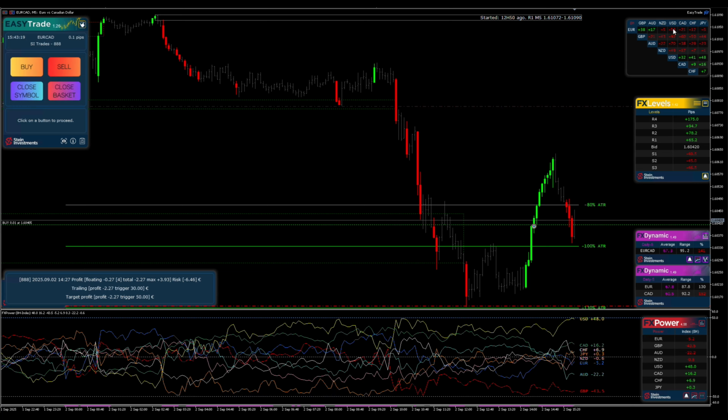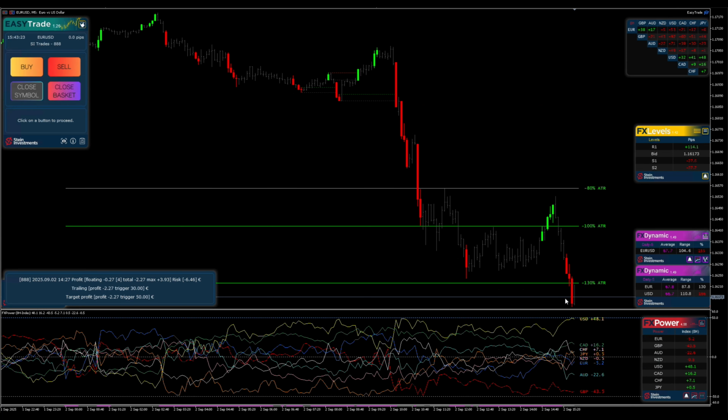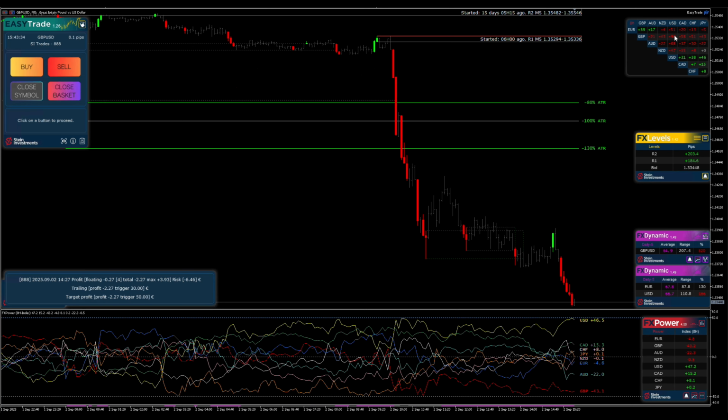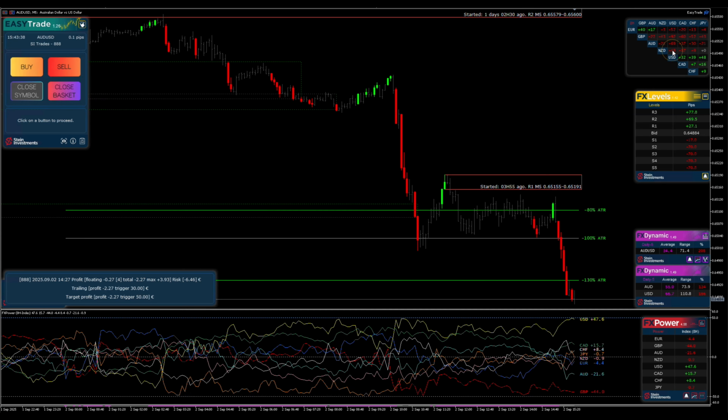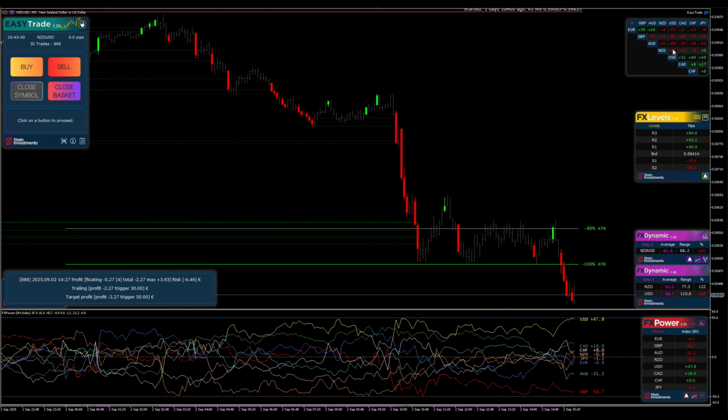Right now, Euro USD made a new low here, currently reaching 155% of the 5 days ATR. That's a lot, and the same is true for all the other US dollar pairs, Aussie dollar, New Zealand dollar. So this strength still continues, and so it keeps the Canadian dollar alive and all others below.